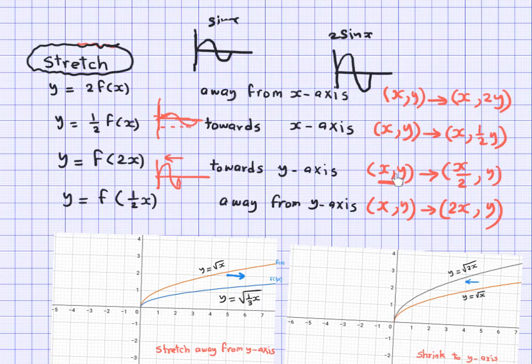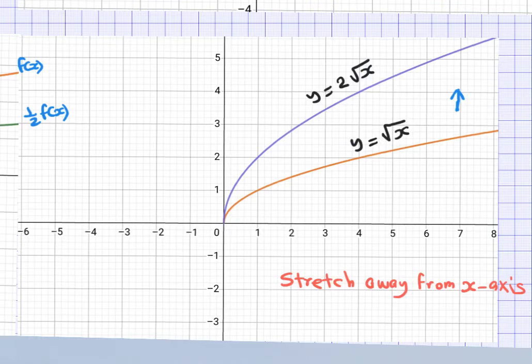So the new point (x, y) will be (x over 2, y). If y equals f(half x), in this case, if we multiply by half, you should multiply by 2. And the curve will be away from the y-axis. Examples for stretch.